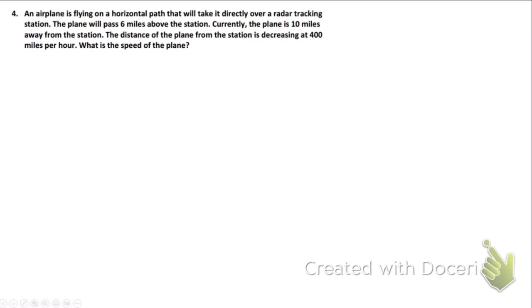Okay, here's one. Let's read it. A picture's going to help because this is worded a little strange. Are we still doing the circles? No, it's a triangle. So here's the station, a tracking station.